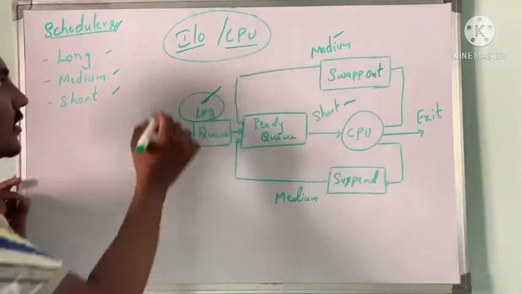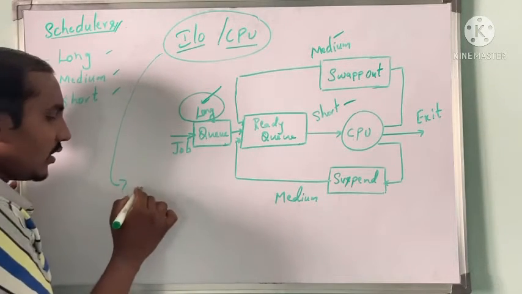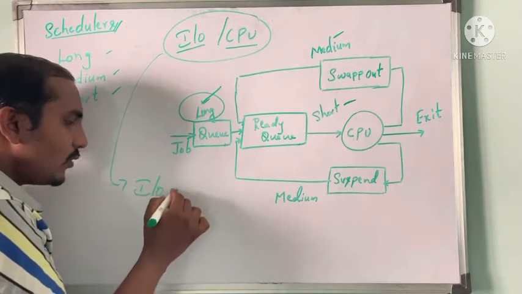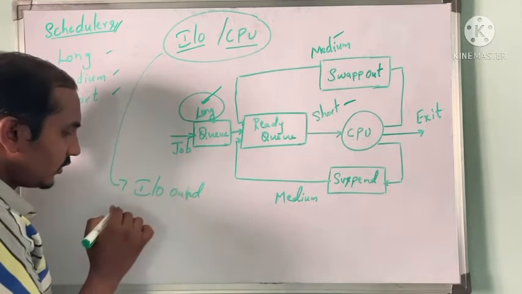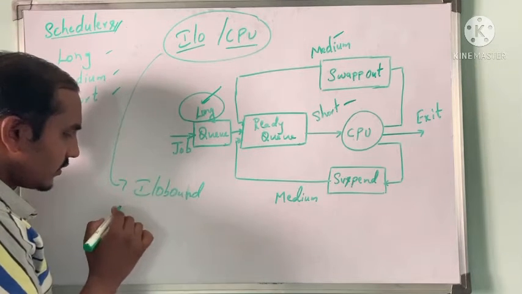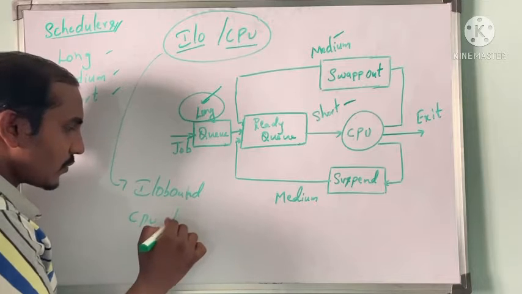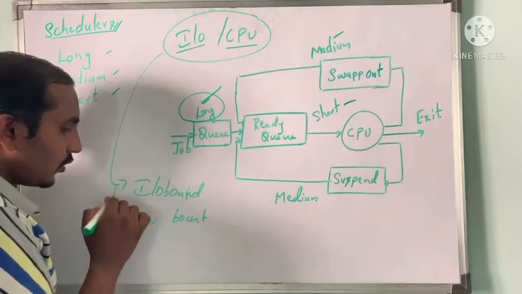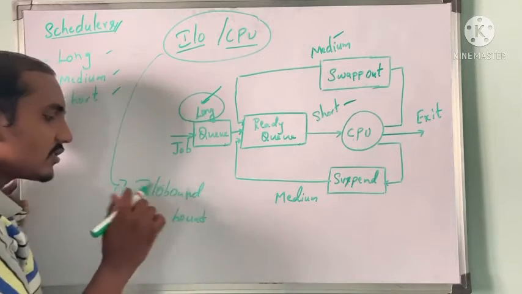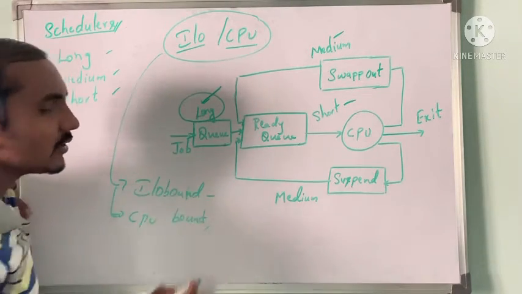In the sense, we have two different types of processes. One is IO bound, and the other one we'll consider as CPU bound.